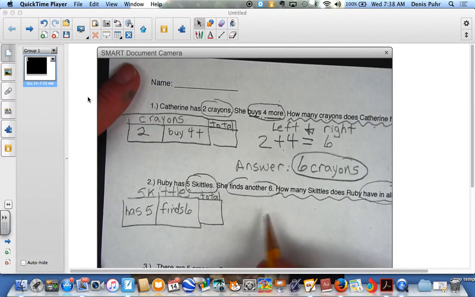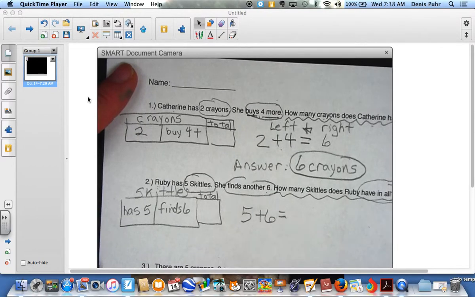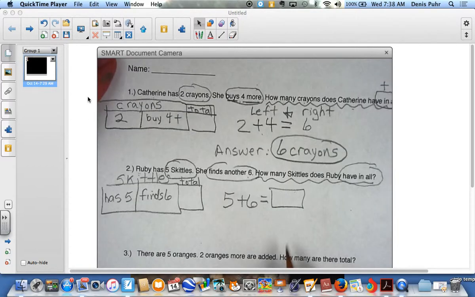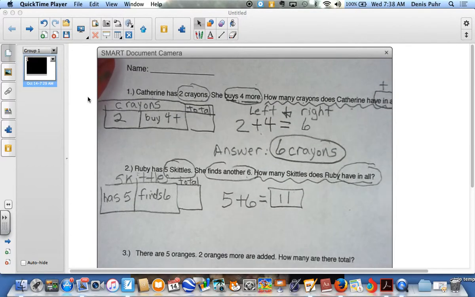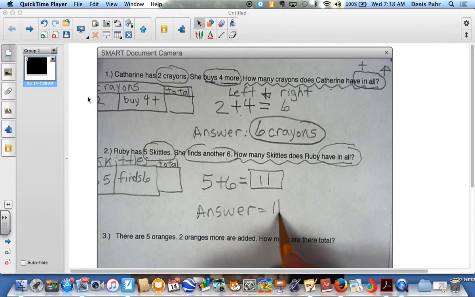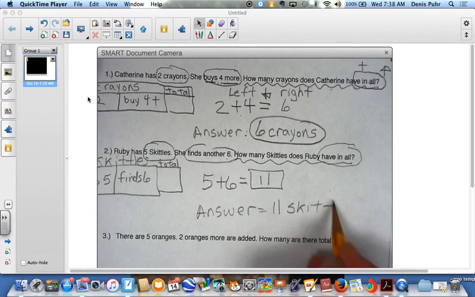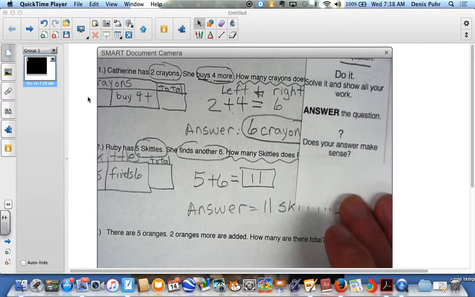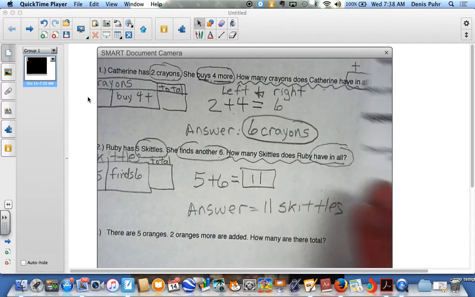Did you write an equation? With a left side and then a right side. Did you add them up and come with 11? Did you write your word answer? Did you put 11 Skittles? Did you ask yourself, does that make sense? And circle it.